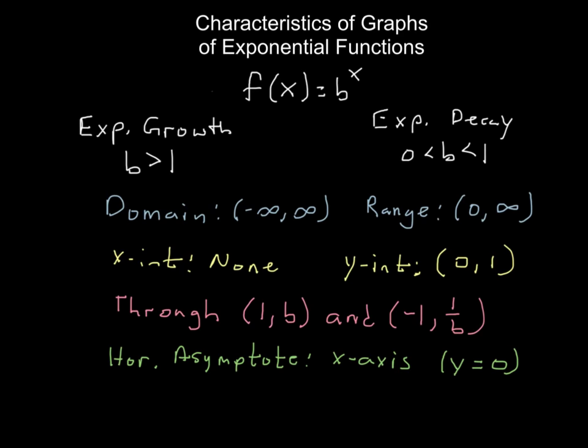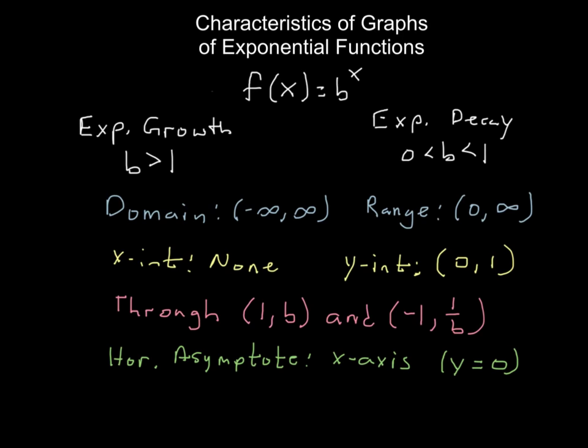In this case, the domain is going to be the values from negative infinity to infinity, and the range is going to be from 0 to infinity. Also, the x-intercept, it will never have an x-intercept. When you're looking at something in the form of b to the x, it's never going to cross the x-axis, but its y-intercept is going to be the point 0, 1.